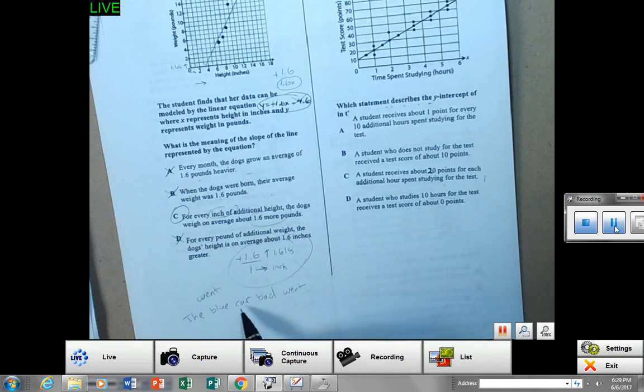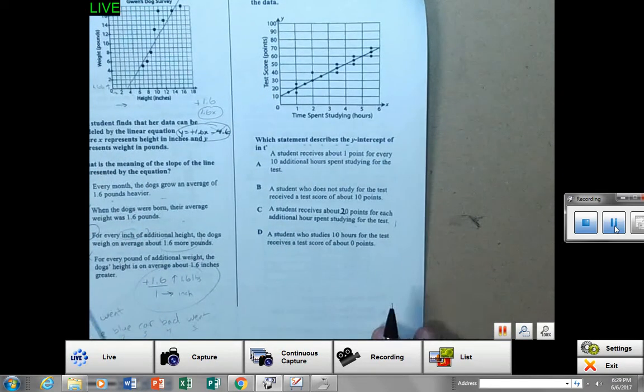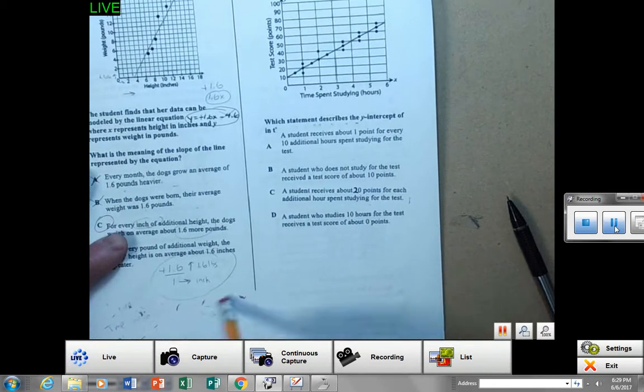The blue car bad went. Those are the 5 words so far. First, second, third, fourth, fifth. All right, next problem here. I'm going to erase that for the people not paying attention.